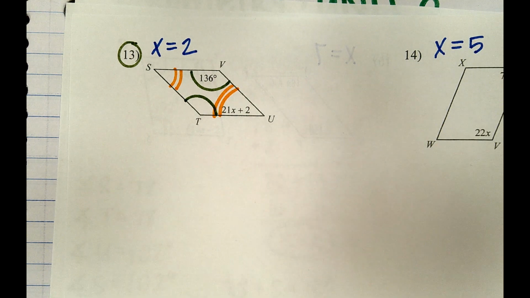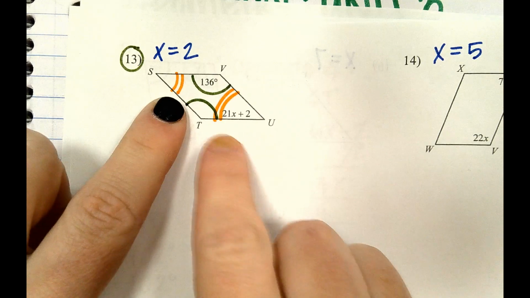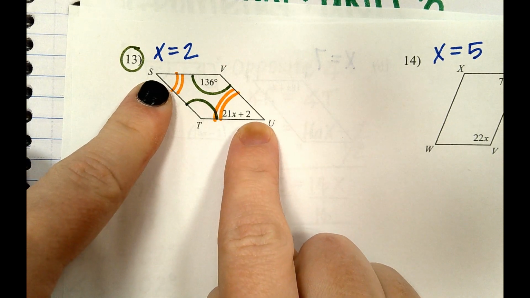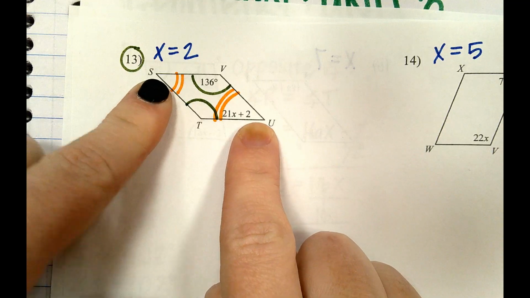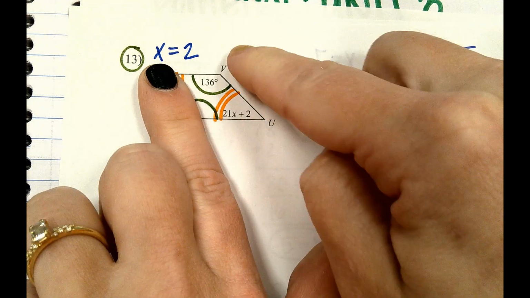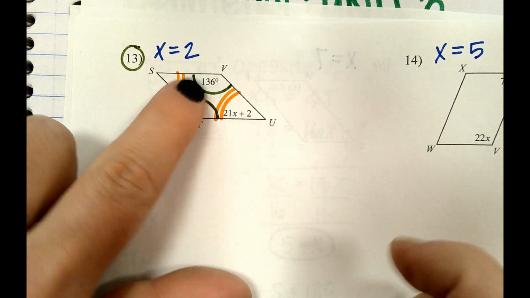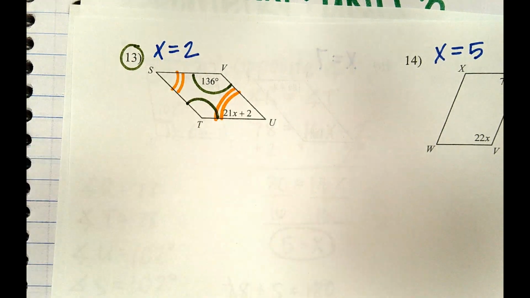So there were 2 different relationships that we could have. We could either be given 2 angles that are right across from each other, and they would be equal. Opposite angles are equal. Or, like in number 13, we have angles that are right beside each other. These are consecutive angles.